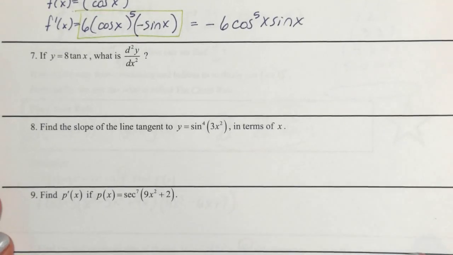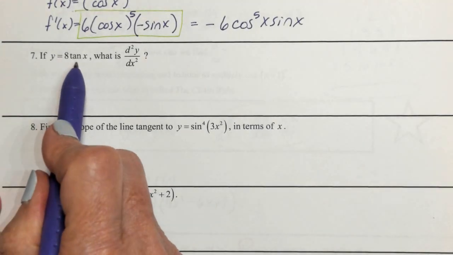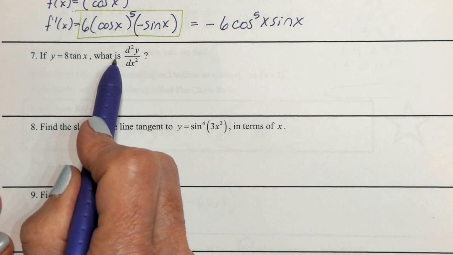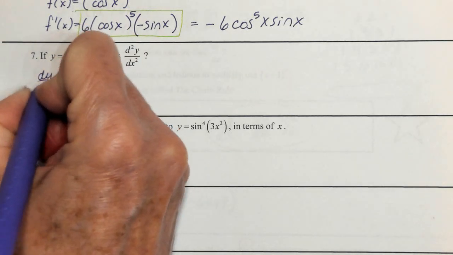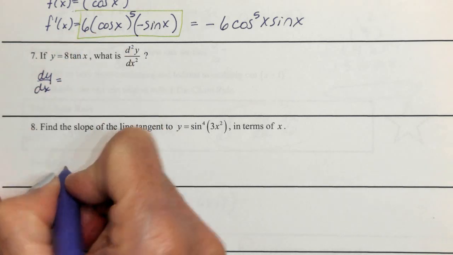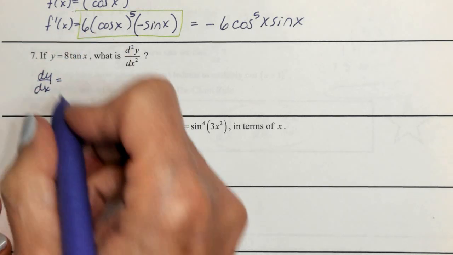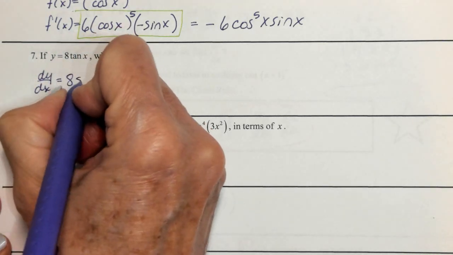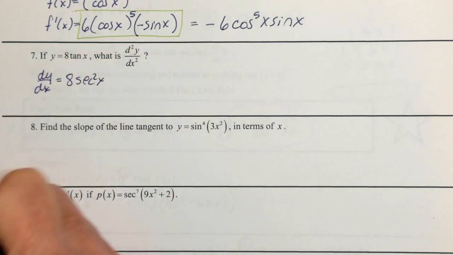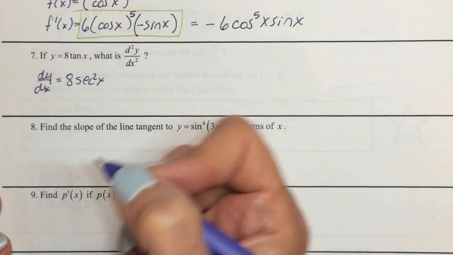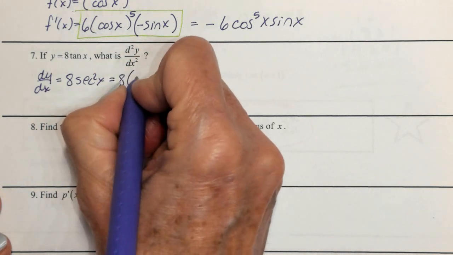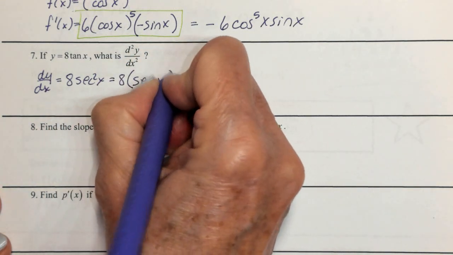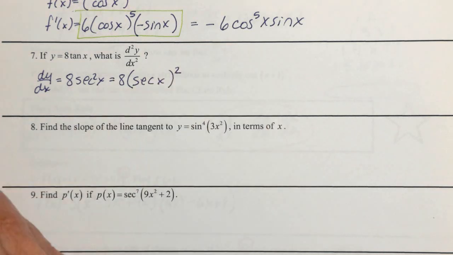Okay, number 7. Y is 8 tangent x. We're going to find the second derivative. So first we're going to find the first derivative, and the derivative of tangent is secant squared, so this will be 8 secant squared of x. Now I need to take the derivative again, so immediately I write this as 8 times secant x all to the 2nd power.